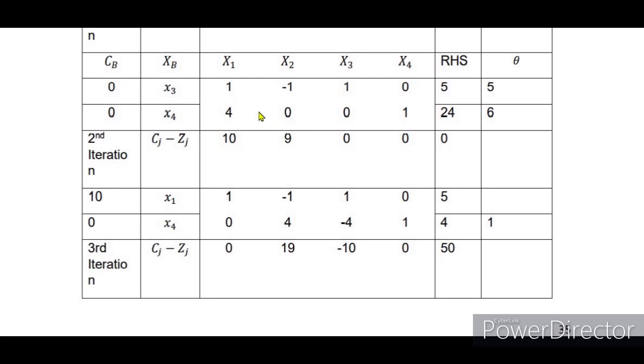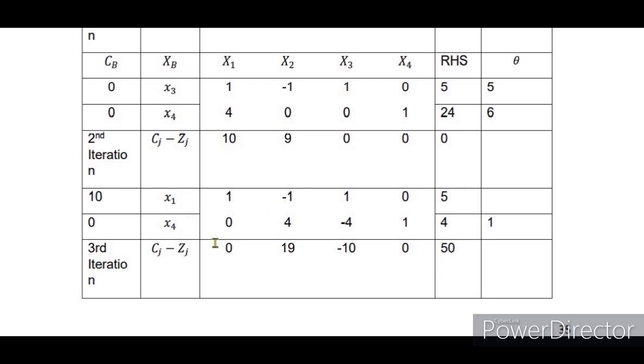The pivot element is 1 because it lies in the intersection of the highest positive value of Cj minus Zj and the lowest positive value of theta. So 1 divided by all the elements makes it as is. We just copy all of the elements of the previous x sub 3 row in the first iteration to the x sub 1 row of the second iteration.